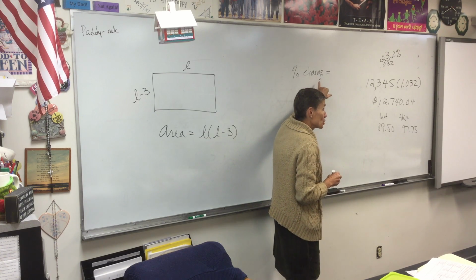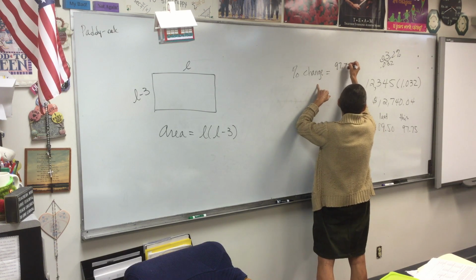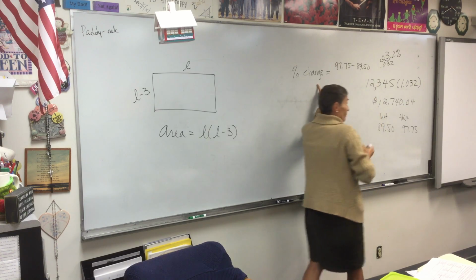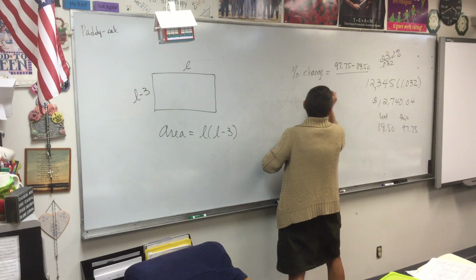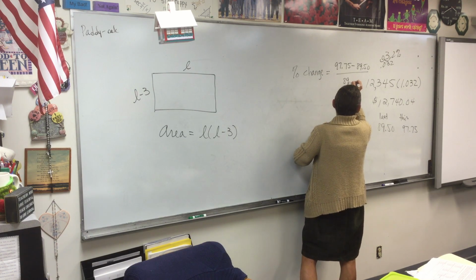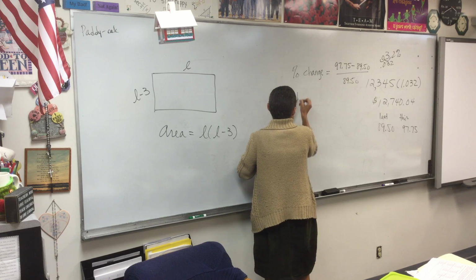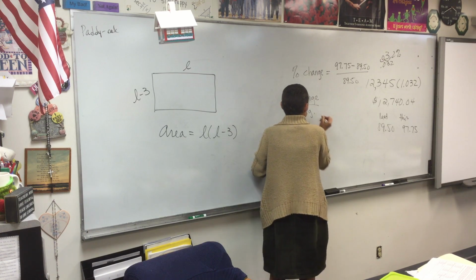Change. So what we're going to do is find out how much it has changed, and we would do that by subtracting, right? And then we're going to divide that by the original. So I'll write the formula down for you. The percent change is the change divided by the original.